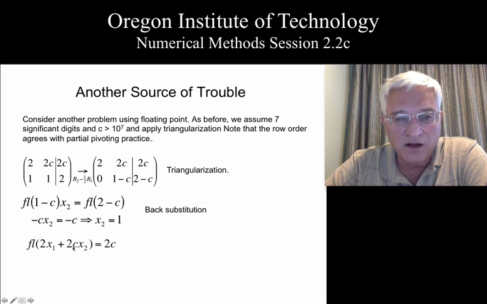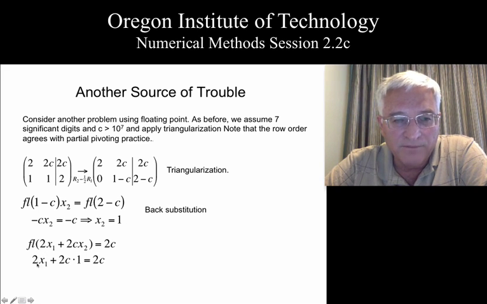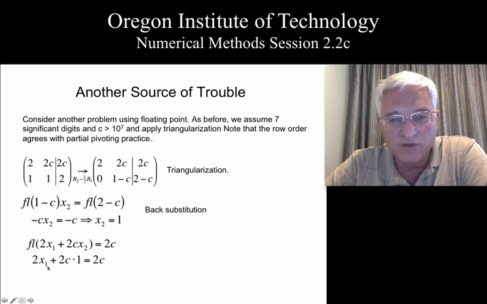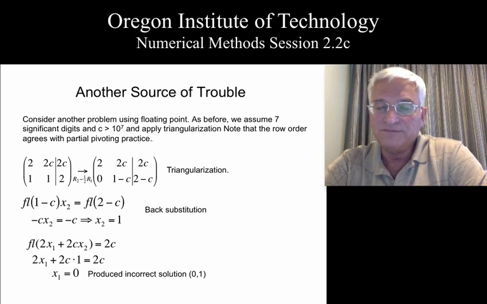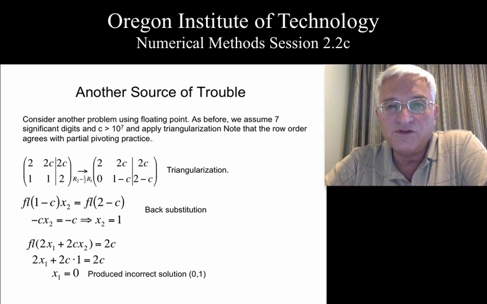Here's the linear combination of interest. We need to work in floating point. So now we end up with 2x1 plus 2 times c equals 2 times c. Well, the two c's are going to cancel. I end up with 2x1 equals 0, and I end up with a solution of x1 equals 0. Wrong answer using our partial pivoting approach.